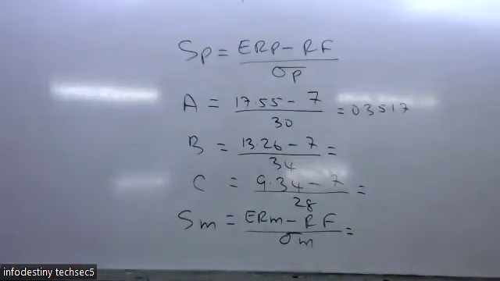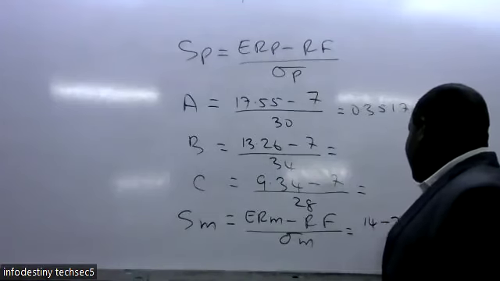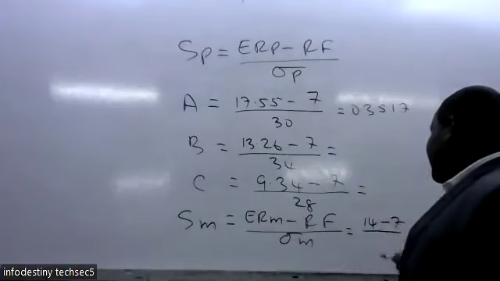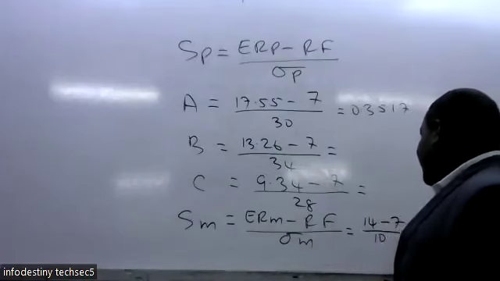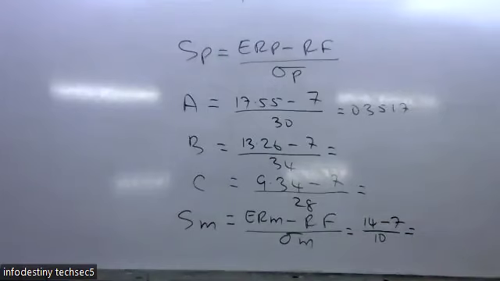Expected return for the market, when you check down there in note number 1, market return is 14. Risk-free rate is still 7. The standard deviation in note number 2, we gave you 10. So we get the value for that.